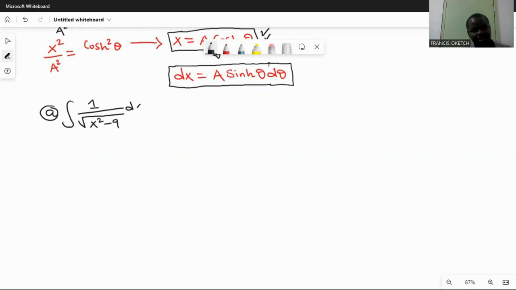Integrate it with respect to x. So you see, this is the form of the integral that we are talking about. I am going to show you the two methods, how you can go about them, but in maybe an exam scenario, just choose whichever is easier for you. The answers you're going to get are the same. So method 1, we call it method 1. Let's say we are using hyperbolic substitution.